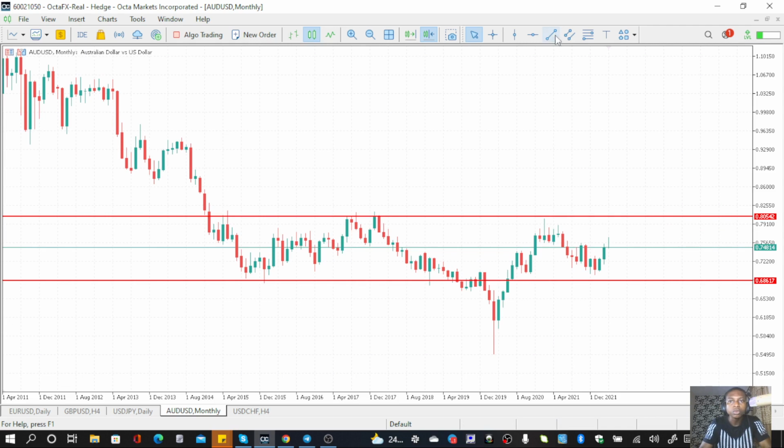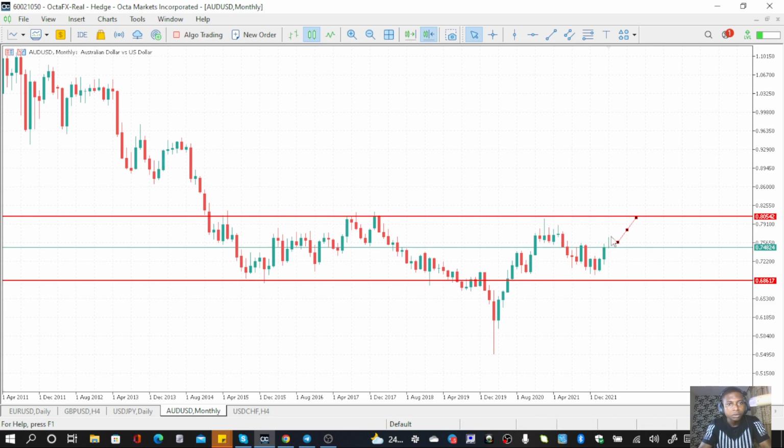Okay, so the market might go up to touch this other resistance level before coming down. Because if you look at it, the last three candles, right, has been a presence of bullish momentum.